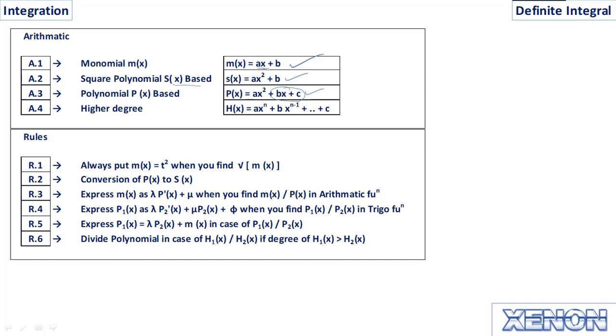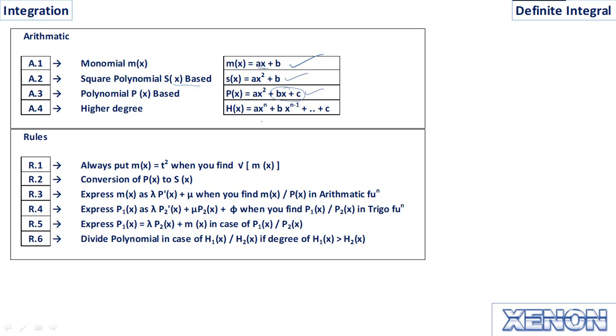So basically here the coefficient of x in s(x) is 0, but in the case of p(x), here the coefficient of x is b, right? Now a higher degree polynomial function or algebraic function or arithmetic function is of the form ax to the power n plus bx to the power n minus 1 plus, up to c, right?